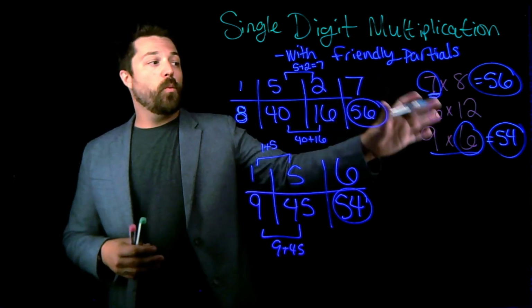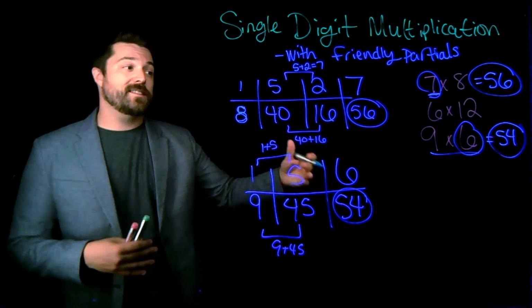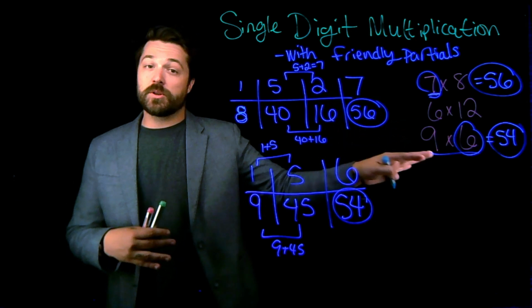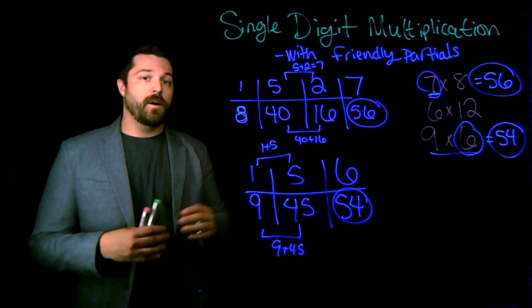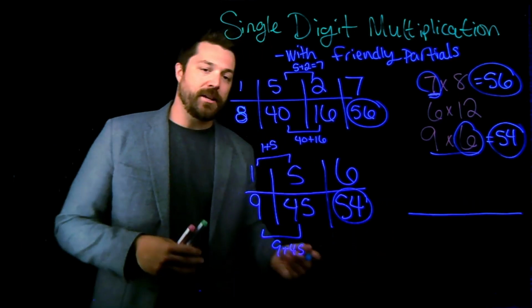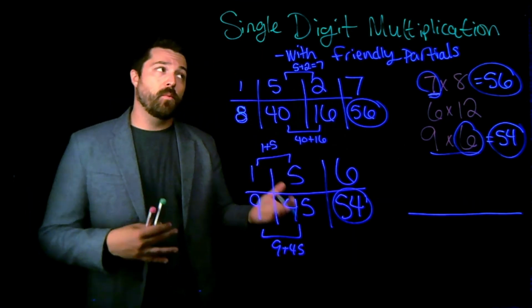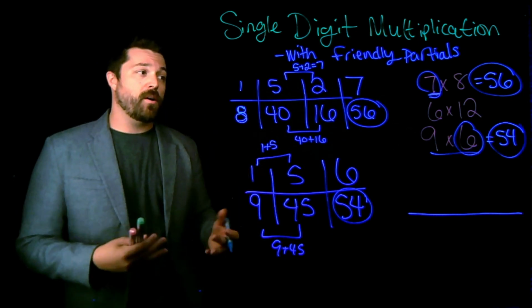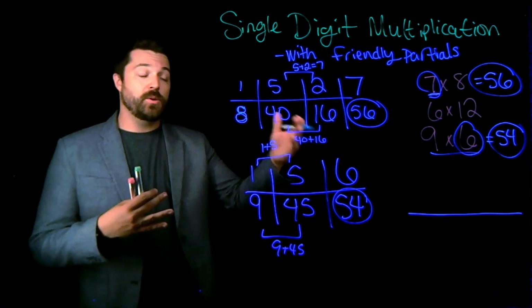It also works with some of the larger facts like the 11s and the 12s. Often students don't struggle with 11s, but 12s seem to be an area that some students struggle with. And so we can use that same strategy in what might be a little bit more of a familiar way to use partials, because we can just break this apart into its tens and its ones.